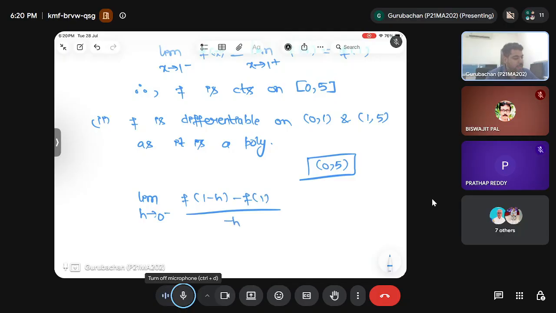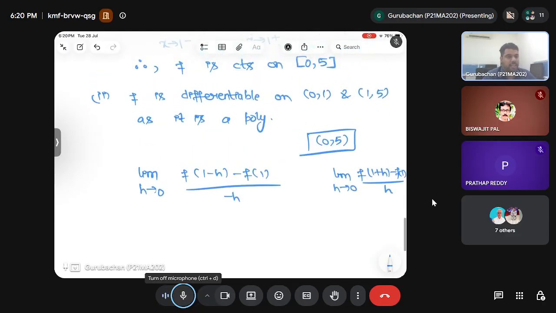Tell me if I am writing anything wrong. Next, for the right hand derivative, we need to check limit h tends to 0 of f of 1 plus h minus f of 1 divided by h. These two quantities we need to calculate. If they come out to be equal, then we can say that our function is differentiable.